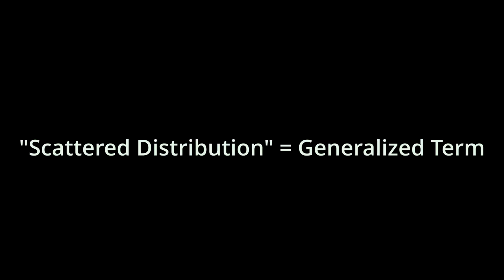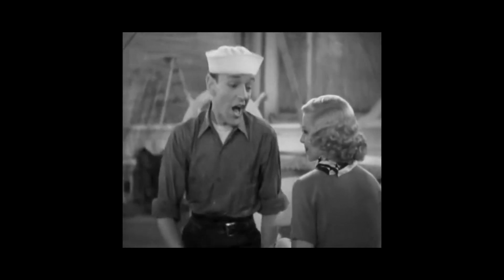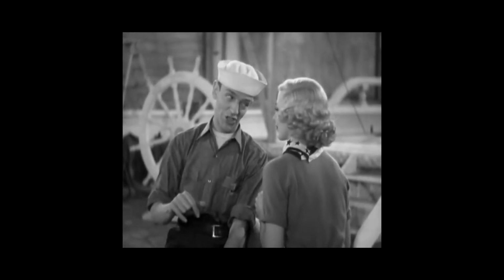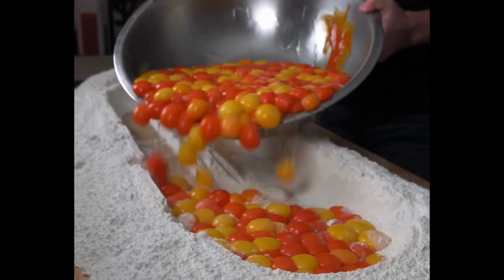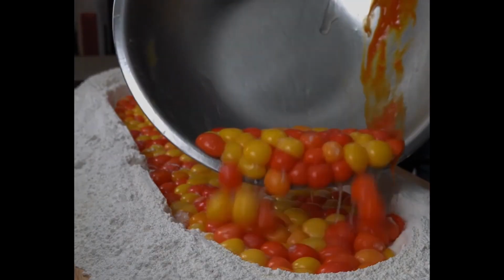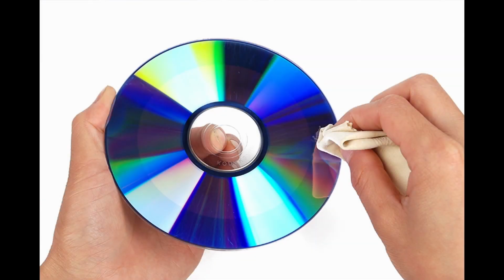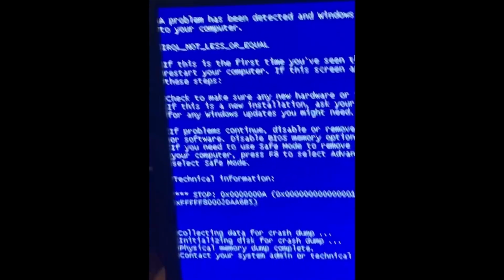If scattered distribution is the generalized term, then interleaving is the specific pattern process for disks that does just that. It's essentially making sure not to put all your eggs in one basket, but rather a few eggs in each mini basket, so that localized damage, such as a scratch, doesn't break an entire key feature.